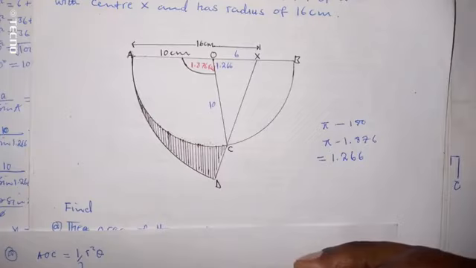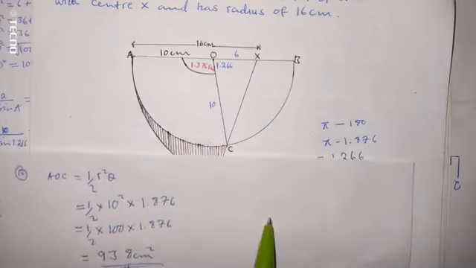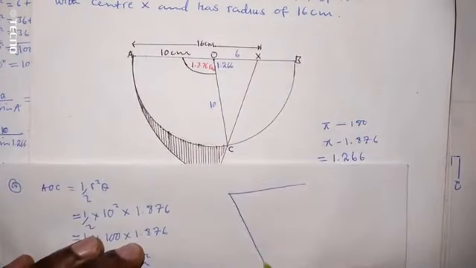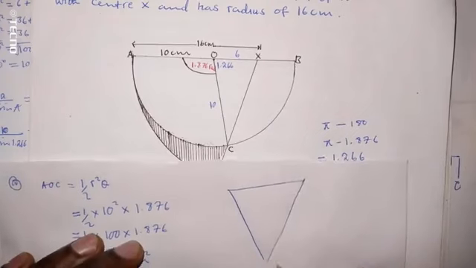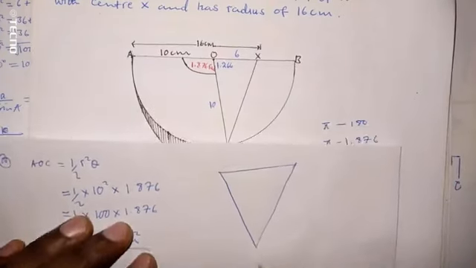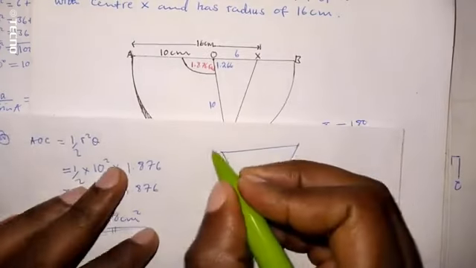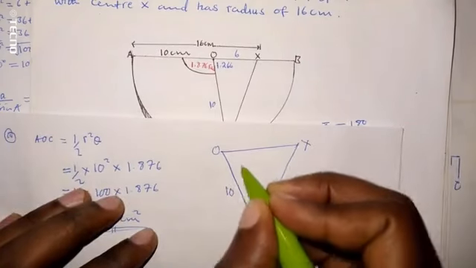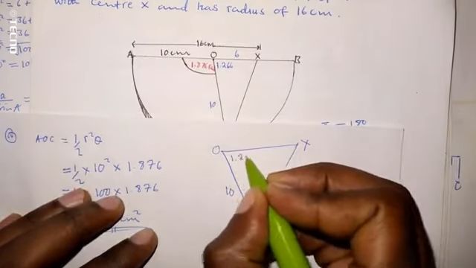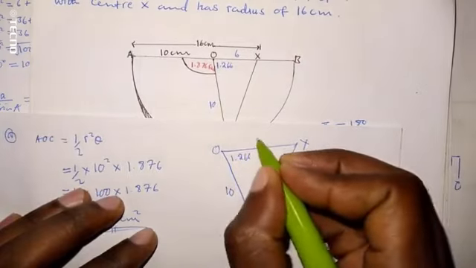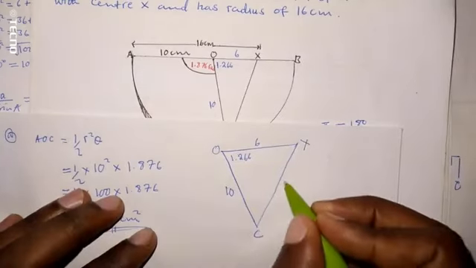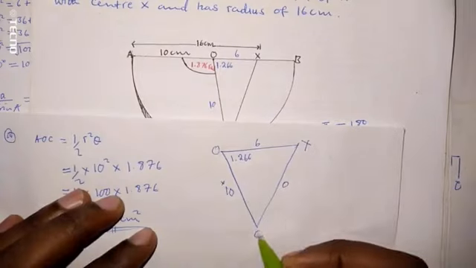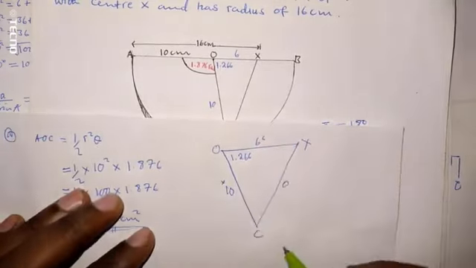Let's say I'll draw this one, which is something like this. So there is C, or X. We have 10 there, 1.266, then there is 6. So there is O this side, X opposite, then C there.